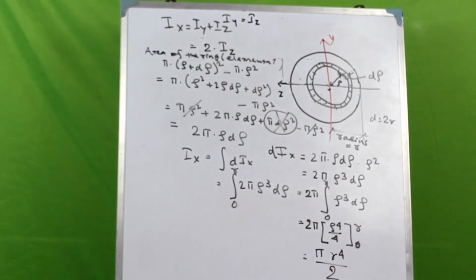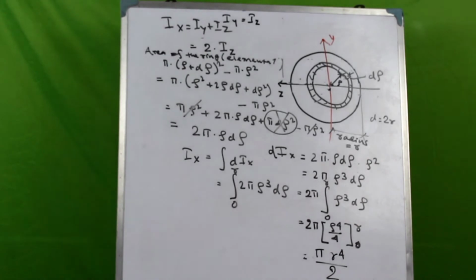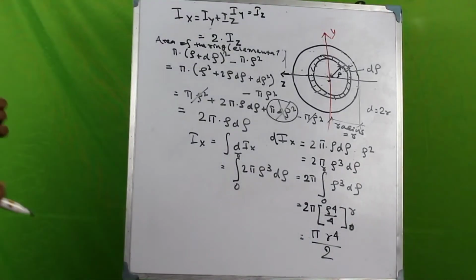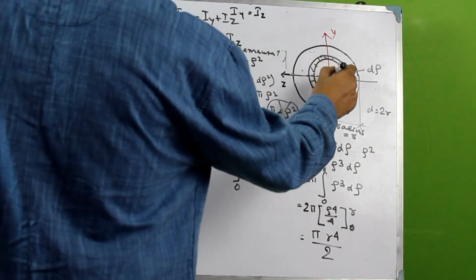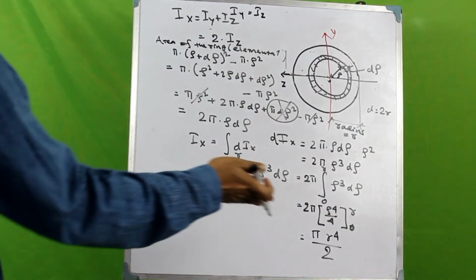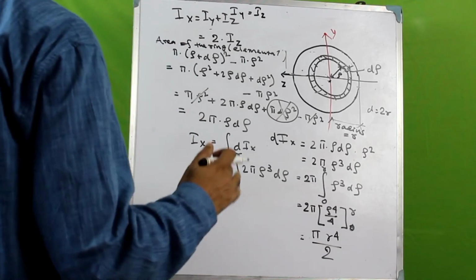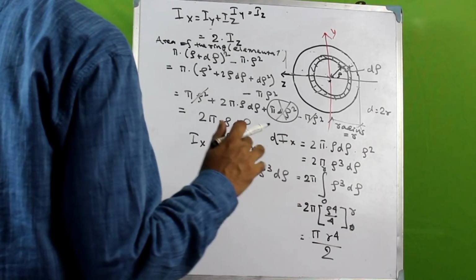So this is the moment of inertia. So the moment of inertia about the x-axis, about this axis, is represented by this expression pi r to the power 4 by 2.